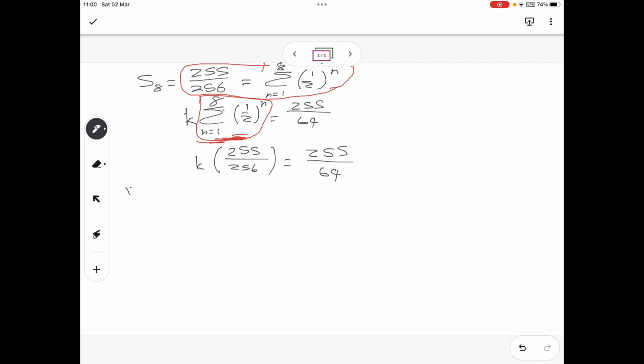So now to solve for k, we are going to multiply both sides by 256 over 255 such that k will equal 255 over 64 multiplied by 256 over 255. On this side we will get 255 over 256 multiplied by 256 over 255.